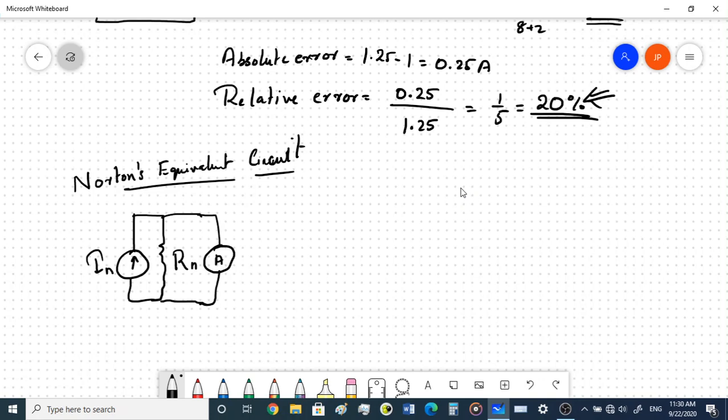Right now this might seem a bit confusing, but let's take a circuit and do this. Let's evaluate the Norton's equivalent.